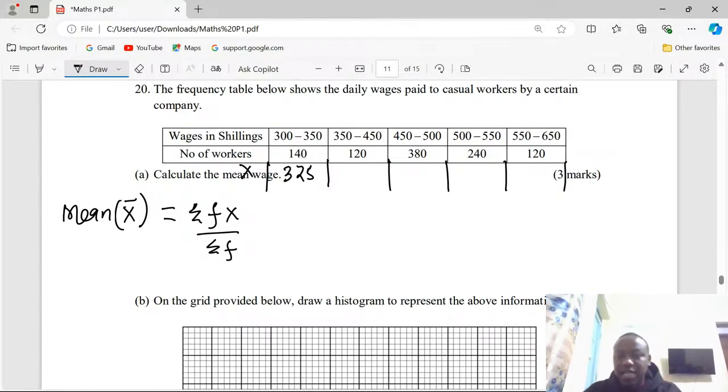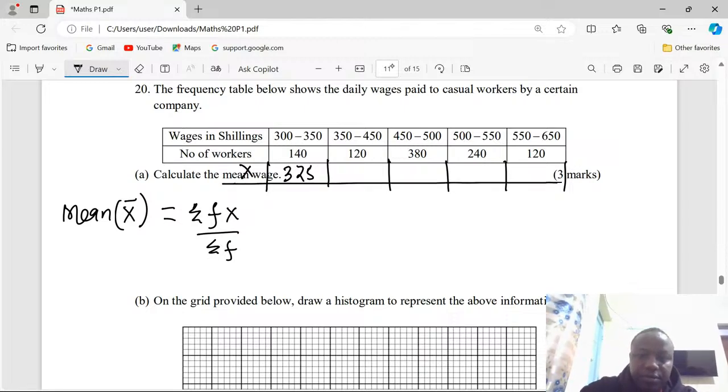Now we want f of x also, so at the same time we can multiply each midpoint with the corresponding frequency. The corresponding frequency is 140, the number of workers. So I'm having 45,500.